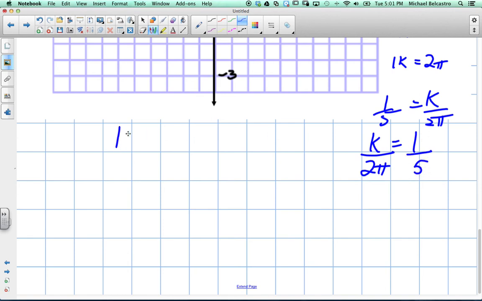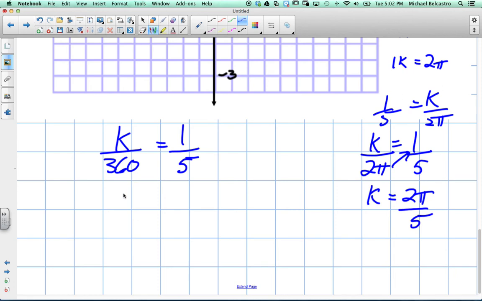And you can rebuild that same equation with degrees, saying k is 360 degrees, k is equal to 1 period, and we have to now build it to 5. Okay? So our new function for k, we just bring our 2 pi over. K ends up being 2 pi over 5. And in our degrees function, k would end up being 360 over 5, which actually gives us a value.